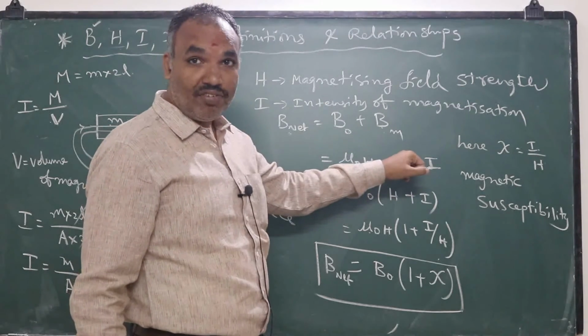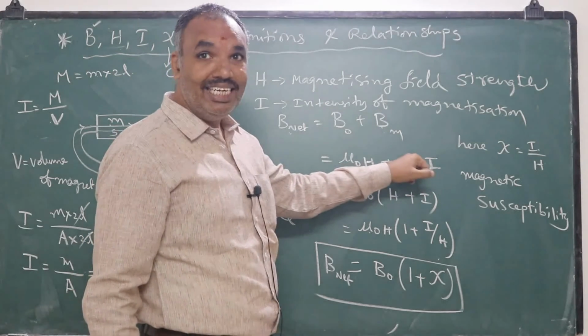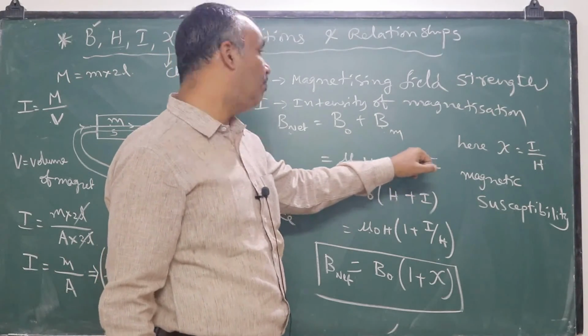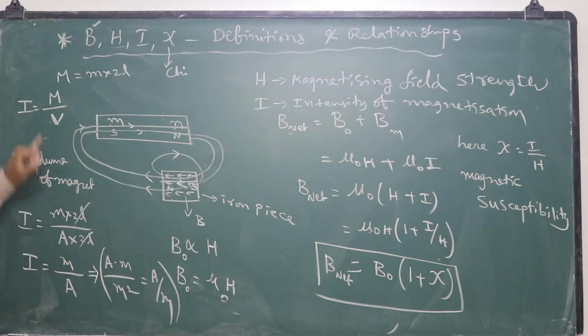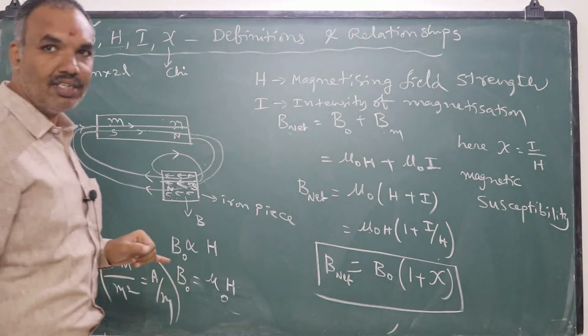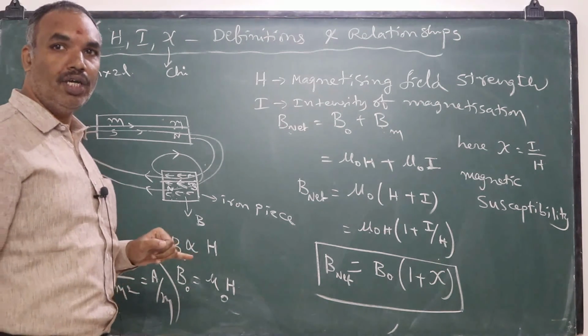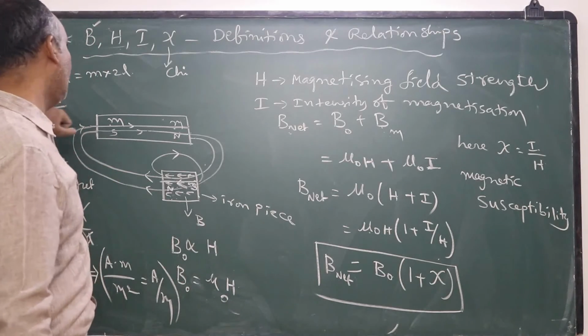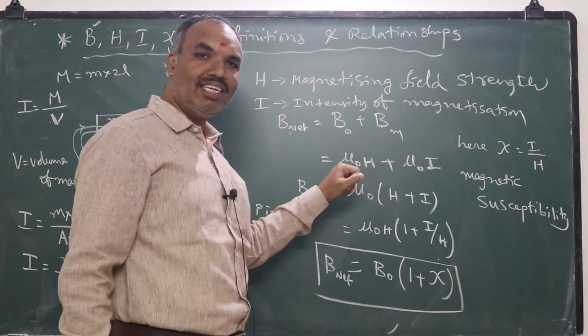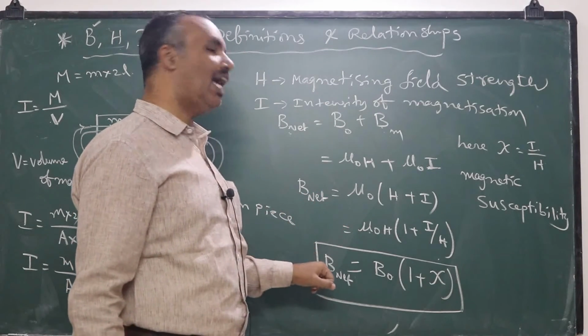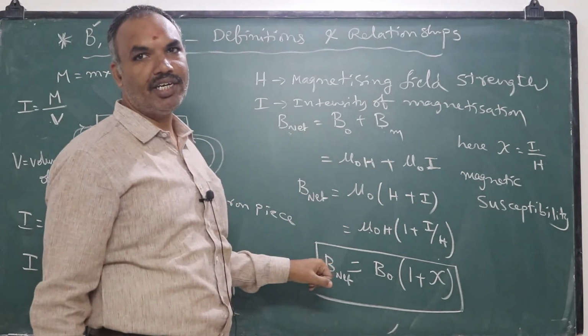The strength of a magnet is given by intensity of magnetization, defined as magnetic moment per unit volume. By knowing intensity of magnetization and the magnetizing field strength, you can calculate the net magnetic field generated in you.